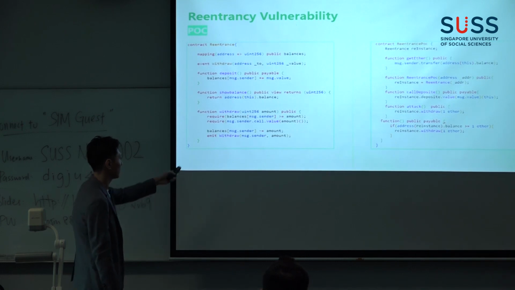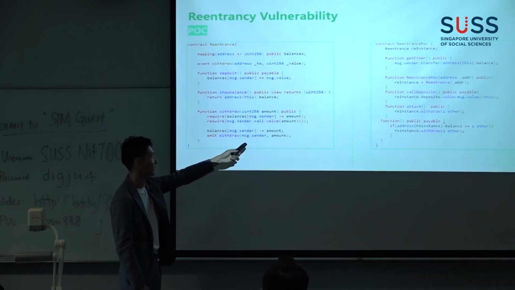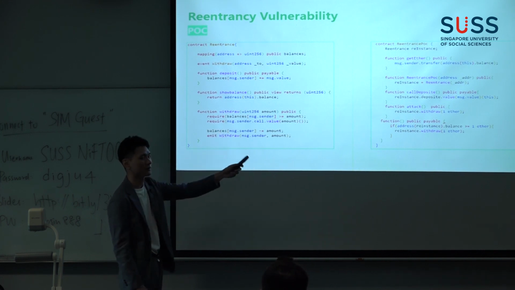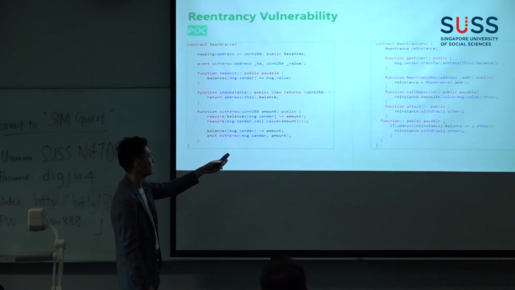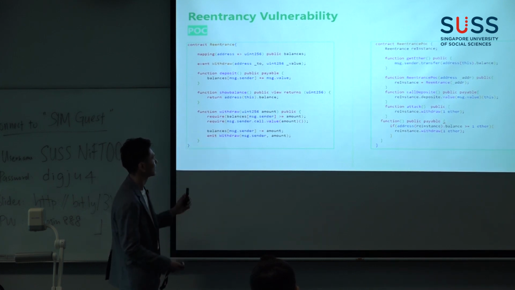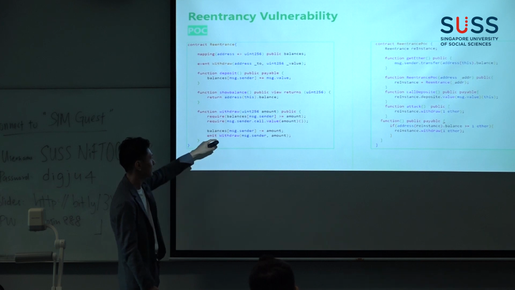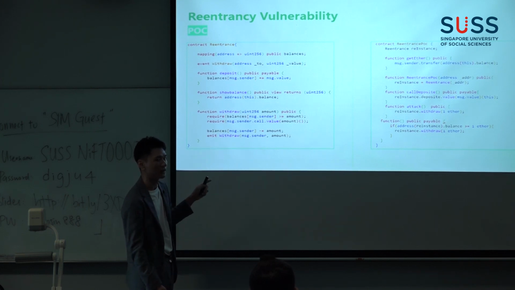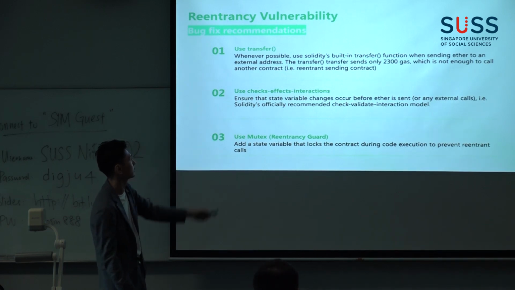In this case, the balance of message.sender is deducted after the money was sent to the withdrawer, but it's better to modify this balance before the second require statement. Then if the attacker re-enters the function, the Solidity contract will know that he does not have a balance anymore, and he cannot drain the contract's balance. That is checks, effects, interactions.